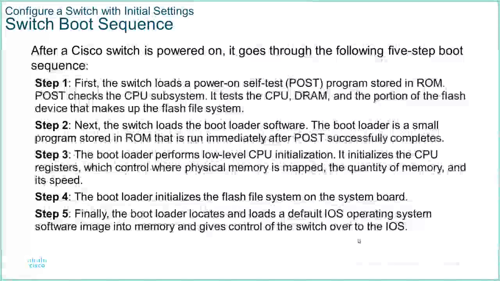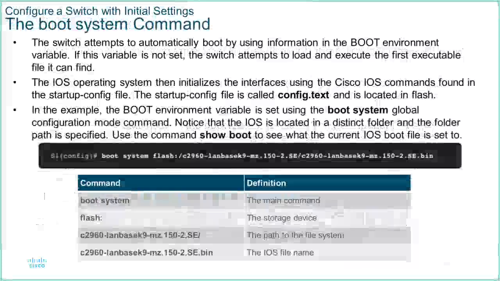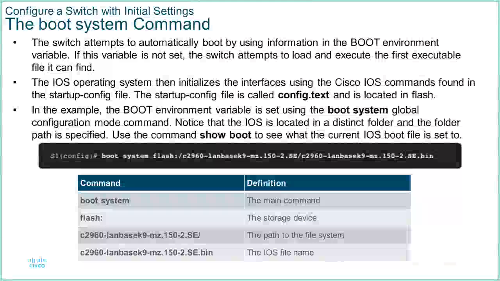It will load up the first operating system in the flash by default. So you can have multiple operating systems loaded in flash, and to tell it which one to load, we use the boot system flash command and basically the name and location of where that operating system is located.